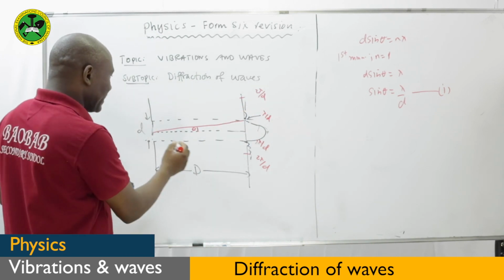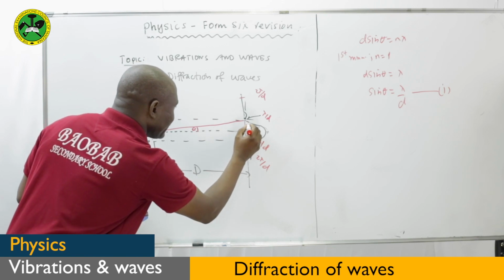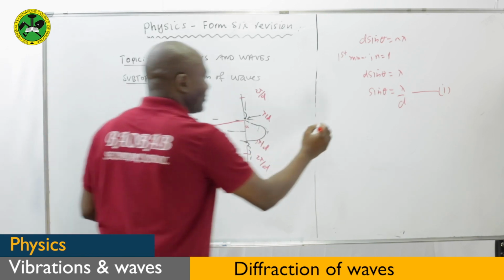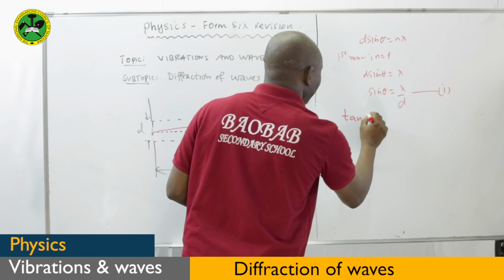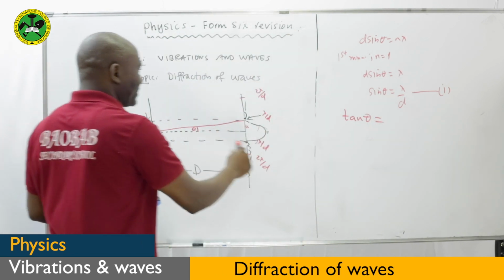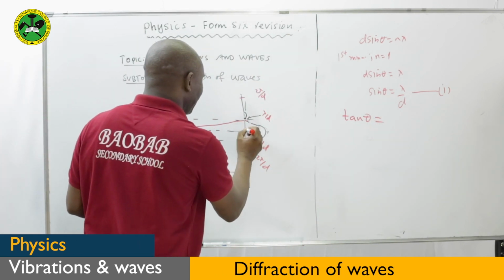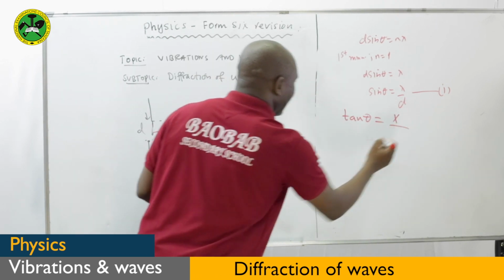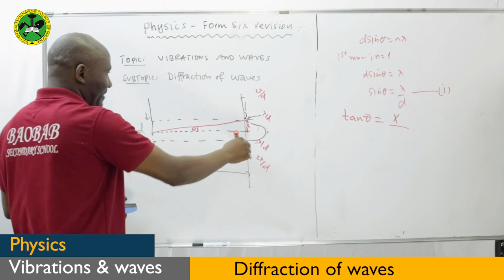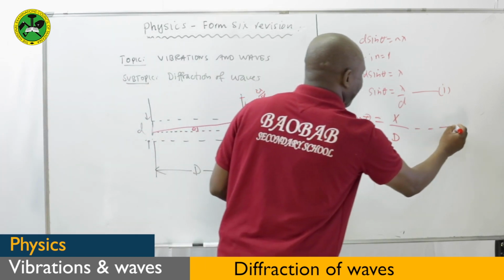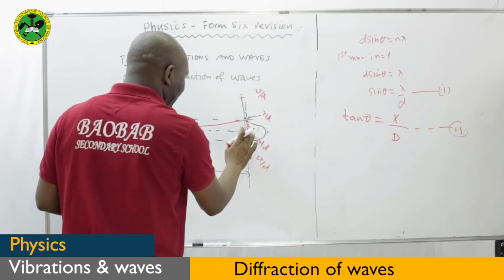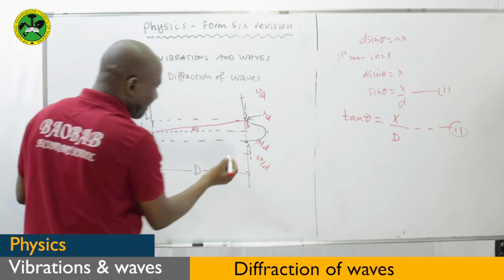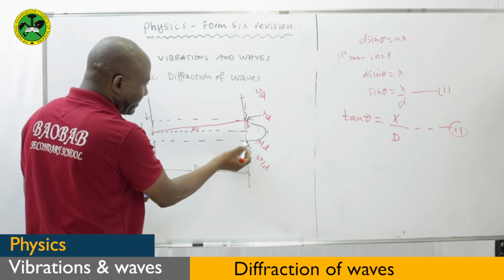From here, let's take this distance as x. Now tan of that angle equals the opposite, which is x, over the adjacent, which is D. Our x is the distance from the center to where the first dark image is formed.